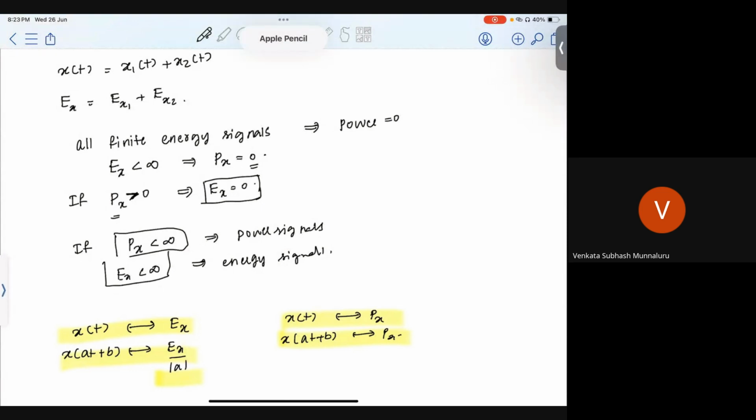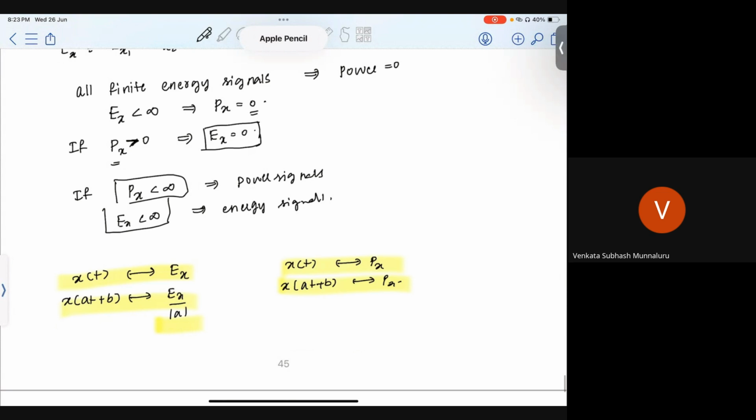Right. So these are certain things that we discussed. The other part is, if x of t has energy Ex, then x of at plus b has an energy Ex by mod a. That's a nice calculation which you can do as an exercise.